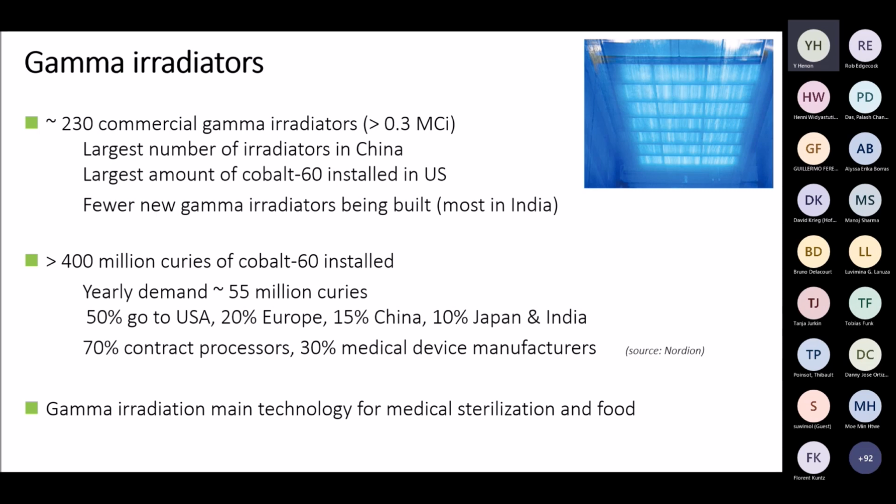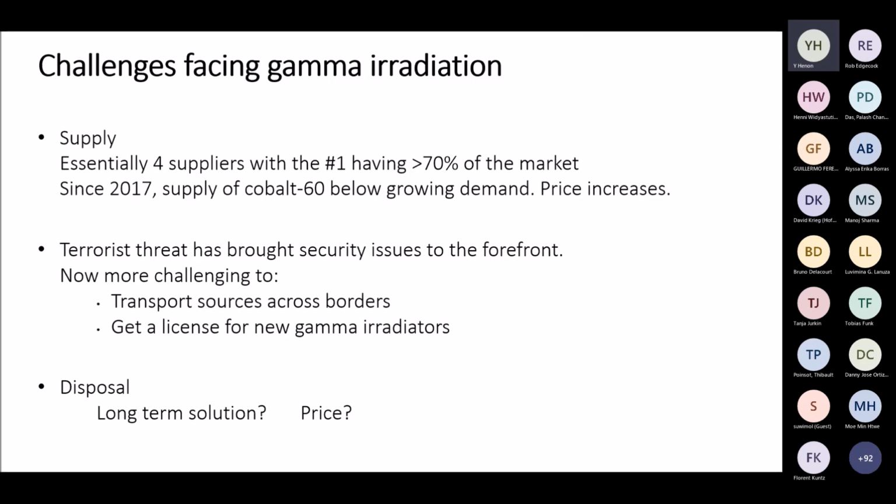Nordion says that there are about 400 million curies of cobalt-60 installed around the world, most in the US and most in contract facilities. Medical sterilization, food irradiation and a few other applications are where gamma irradiation is dominant.